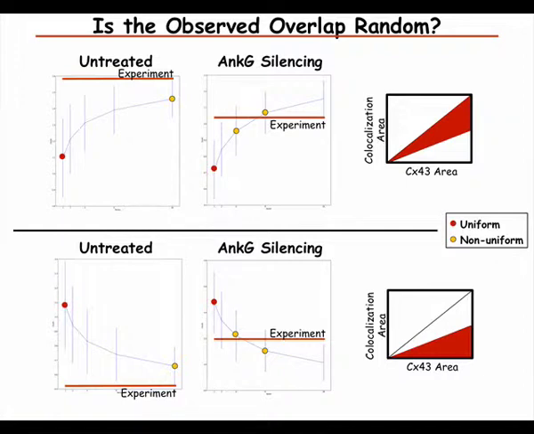But then we can introduce an attraction between the two molecules, and then we can get within the error bars of the experiment, both in the untreated and ankyrin G silenced case. The attraction factor, which is difficult to see here because it's a bit small, is much lower in the ankyrin G silencing case.